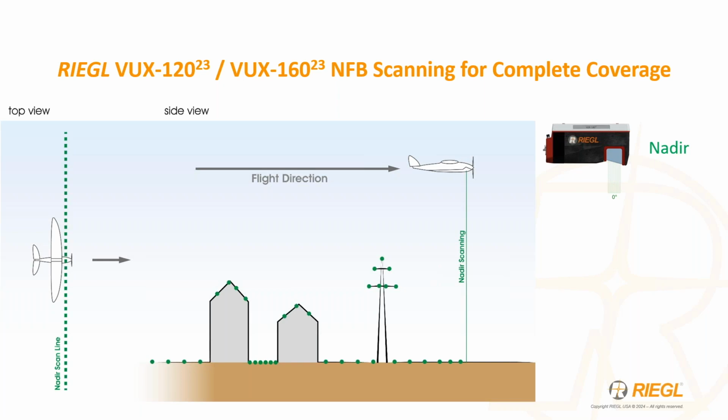Flying typical operations, flight direction forward here, you're capturing points on the ground, data on the rooftop of these building infrastructure, the top of the transmission tower. That's pretty standard.